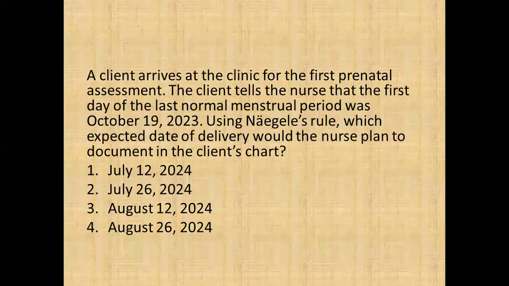Using Naegele's rule, which expected date of delivery would the nurse plan to document in the client's chart? We have July 12th, 2024, July 26th, 2024, August 12th, 2024, and August 26th, 2024.